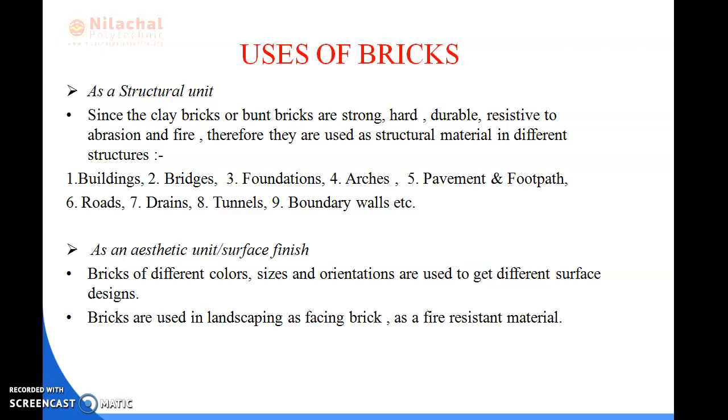Bricks are used as a structural material in different structures: buildings, bridges, foundations, arches, pavements, roads, drains, tunnels, dams. Next, bricks are used as an aesthetic unit or surface finish. We have seen bricks of different colors, sizes and orientations used for different surface designs. Bricks are also used in landscaping as facing bricks or as a fire resistance material.